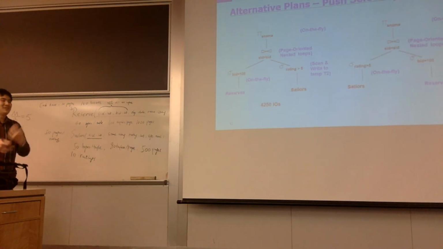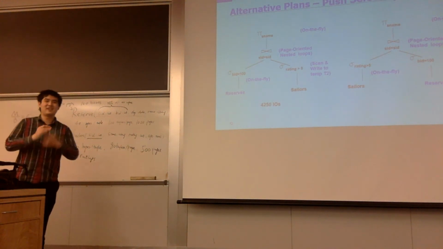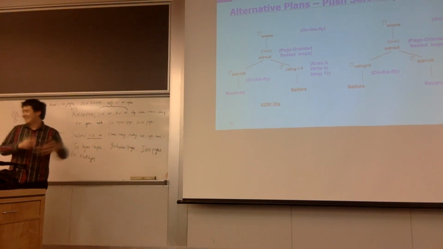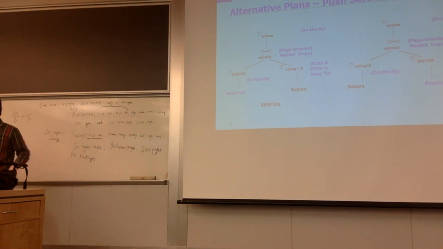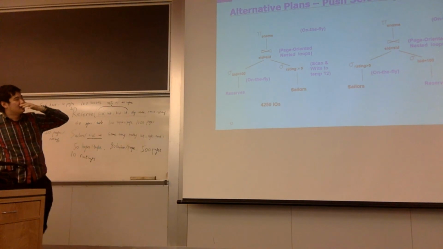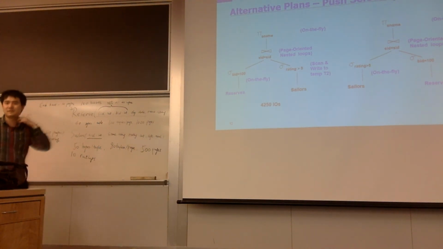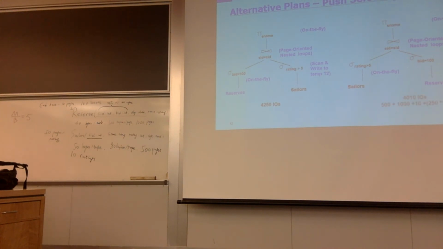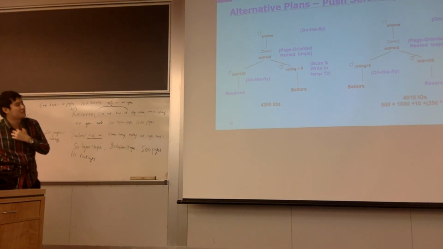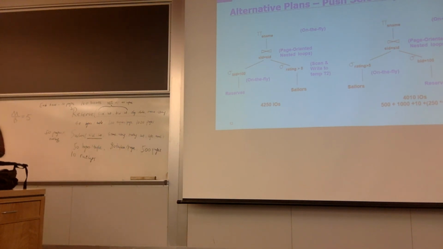We swap the two relations again. Let's still use Sailors as the outer, but Reserves as the inner, and you do the same thing. Basically, you push down the selection predicate for the inner and materialize that filter result. Then the result comes down to 4,010 IOs, slightly smaller.